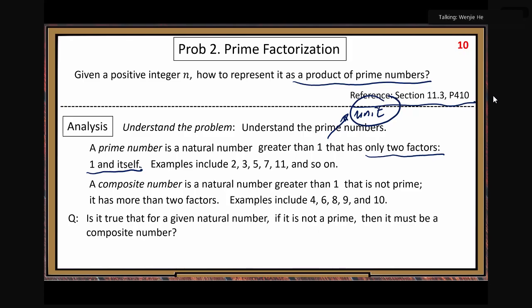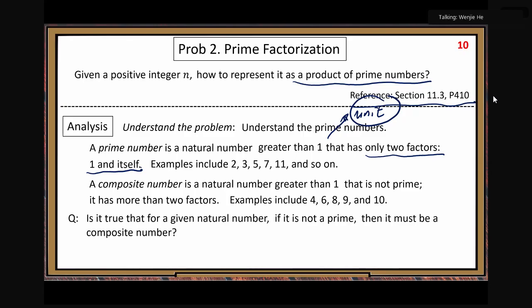In your quiz, so many quiz questions are like this one. Check your understanding of a concept after you learn the definition. False. Why false? Don't miss that 1, that unit number.